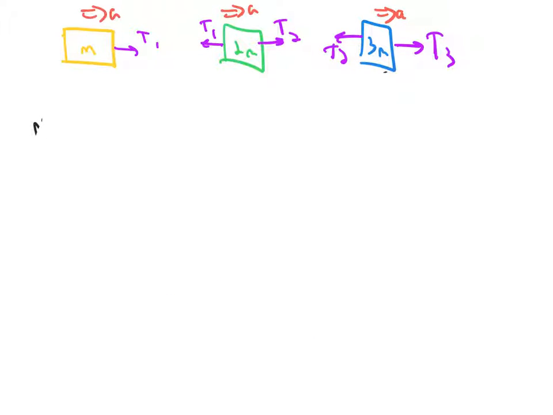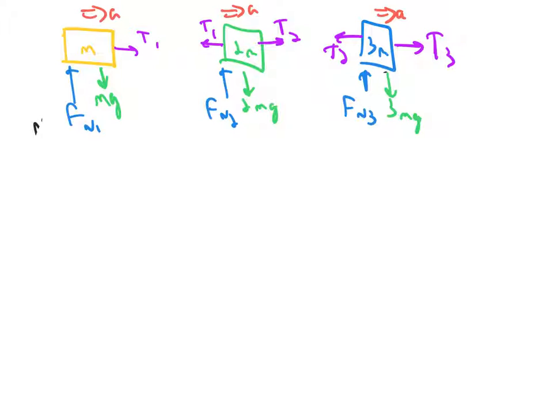So how about if there is friction? If there's friction, we need to add some things back in. For instance, we have to worry about there being a weight, which is mg, or 2mg, or 3mg. We have to worry about there being normal forces, Fn3, Fn2, and Fn1, and a frictional force, which I might call F1, F2, and F3, which makes life more annoying, but not actually that much harder.